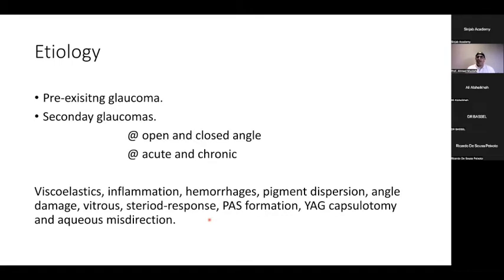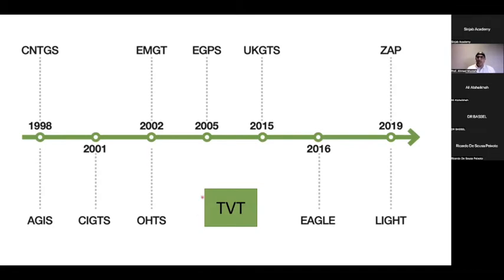Definitely the etiology could be a list of causes and types, open or closed angle, could be a result of the cataract surgery, could be pre-existing before. So at the end of the day, you have this situation. I would like to highlight the Tube Versus Trabeculectomy study, which was conducted over a long period of time, starting from 2004.